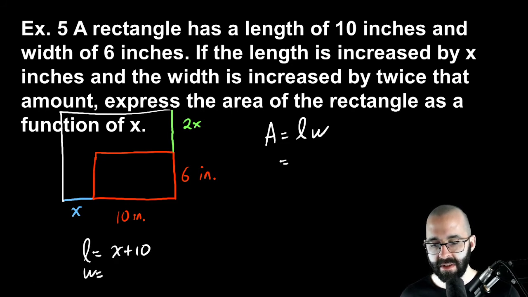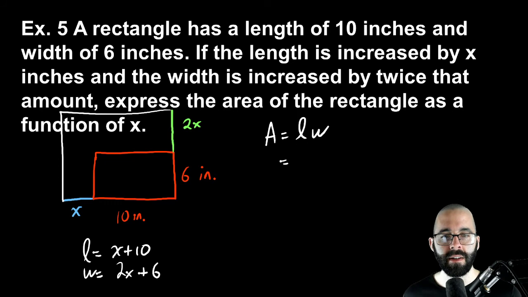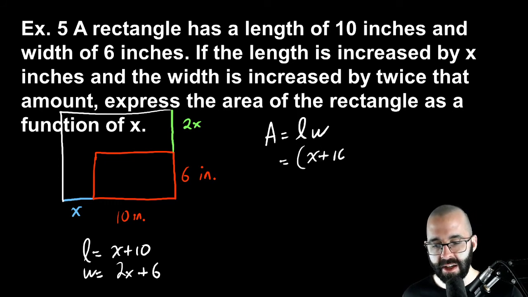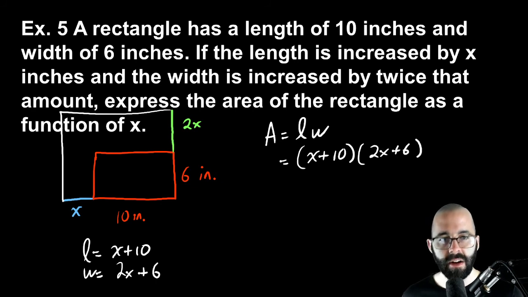Similarly, the width has this red, which is 6, and this green, which is 2x. Add them together, the width is 2x plus 6. Well, multiply those together. The length is x plus 10. The width is 2x plus 6. This is our unsimplified answer.